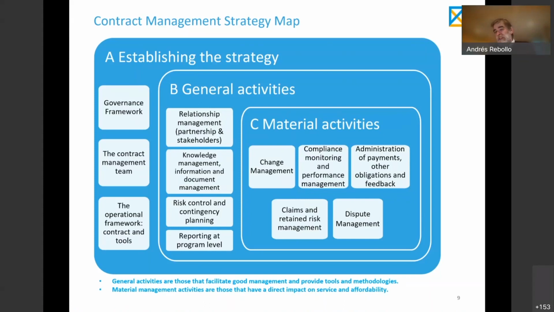This approach is pretty established or similar in a number of countries leading good practice. Particularly, our approaches and methodologies are based on Australia, particularly the case of Victoria State, with Richard Foster being one of our partners and one of the authors of the Contract Management Guide of Victoria.